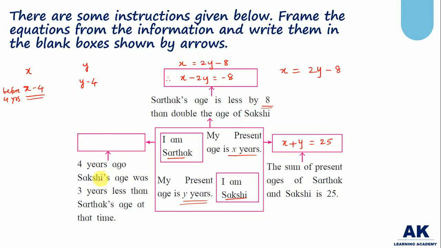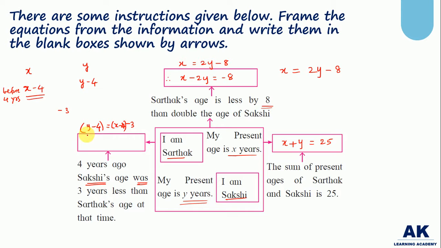Therefore 4 years ago Sakshi's age, Y minus 4, was 3 years less, which means minus 3, than Sarthak's age at that time. Sarthak's age was X minus 4.